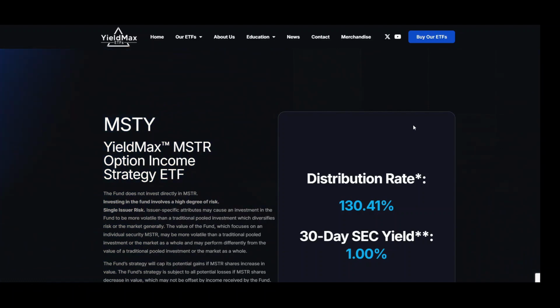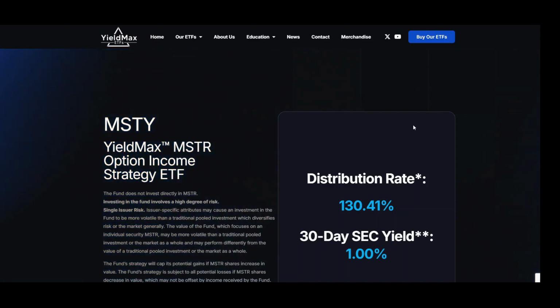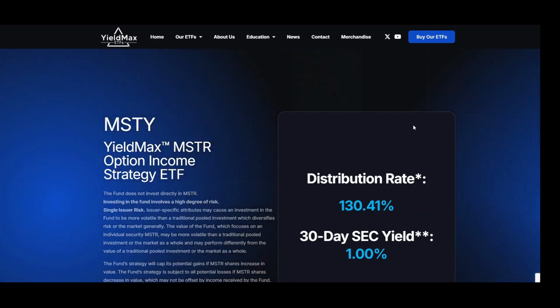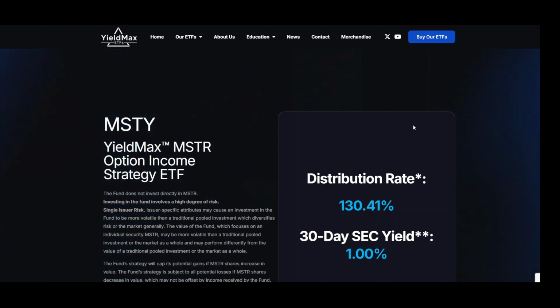Today we're going to take a look at MSTY, today's current distribution rate being at 130%. Wow, that is insane, right? What a distribution rate. We did get our payouts this past Friday, and they should be showing up in your account either today, probably, or tomorrow, depending on your broker.